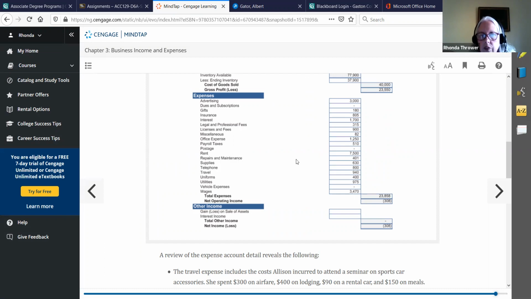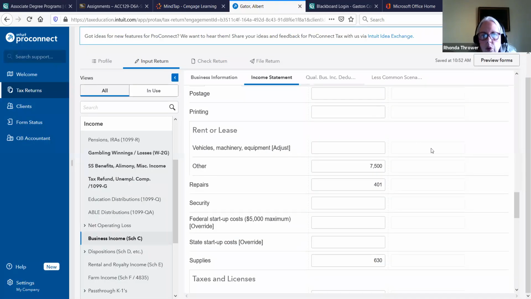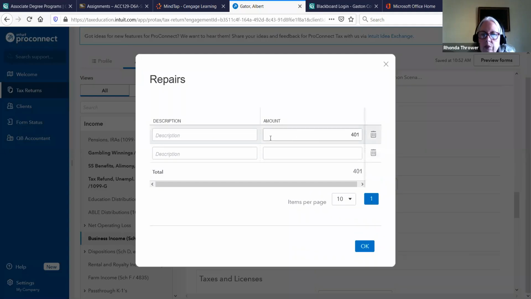Repairs and maintenance was $401. There's a place for repairs and maintenance under rent or lease. The repairs is 401 here. And I imagine if you kept a list of your repairs, you could also expand this and record the repairs separately if you wanted to.